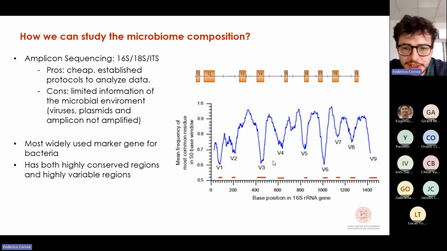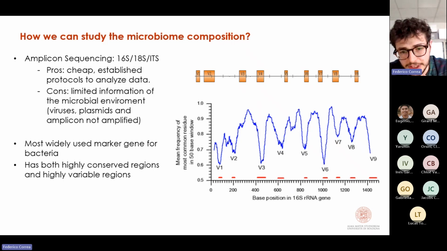So with amplicon sequencing, we can choose to sequence some specific region. For example, for bacteria, for fecal microbial profiling, usually we use V3-V4, which is the most commonly used because it's short and allows a pretty clear distinction between species.